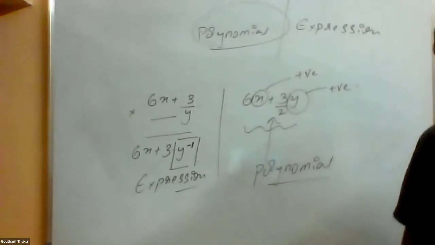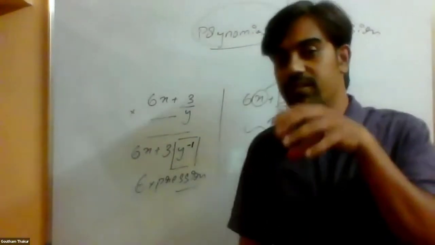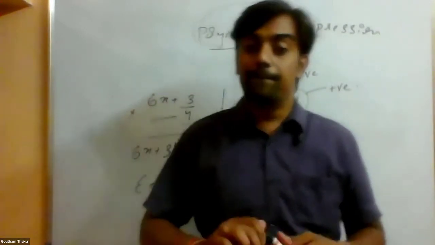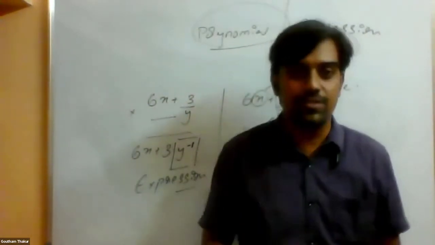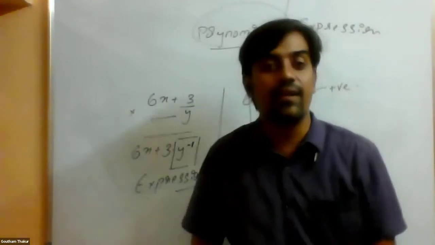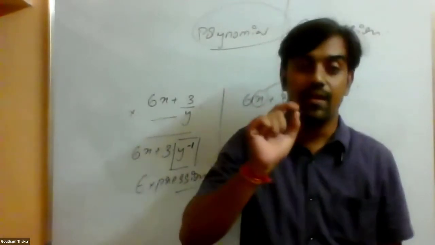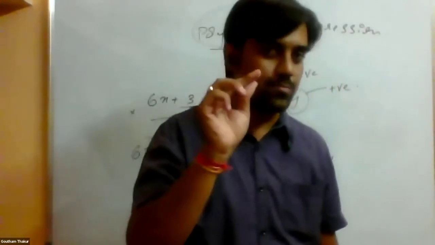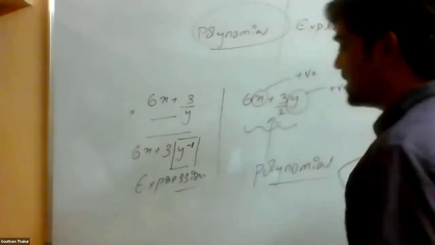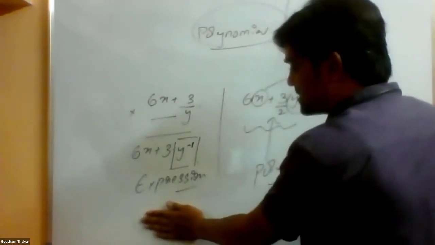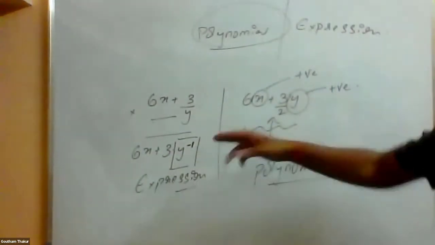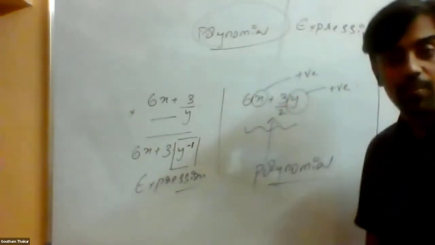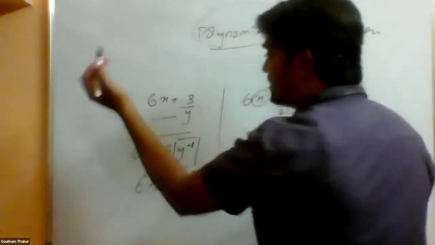Got it? See beta, learning math is a simple thing. But cracking the Olympiad, I think a few of the students have already cleared their second level, but still, for cracking the Olympiad examinations, these small things we should be very careful about. For example, if an expression is given something like this, and they ask whether it's a polynomial or not, many students, by looking at the y in the denominator, will directly say, yes sir, it's a polynomial.